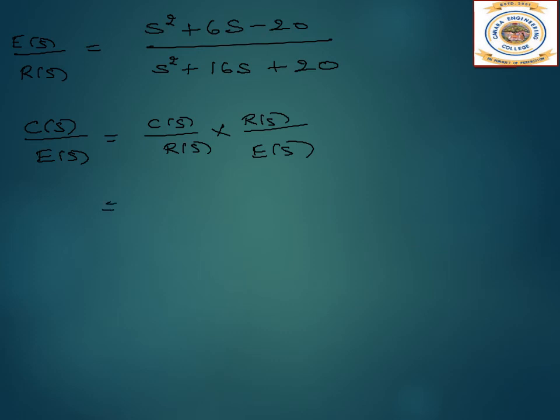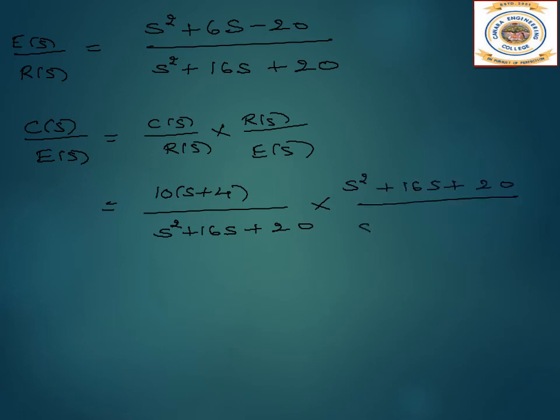C of s by R of s is 10 into s plus 4 divided by s square plus 16s plus 20, into the reciprocal of E of s by R of s, so s square plus 16s plus 20 divided by s square plus 6s minus 20.